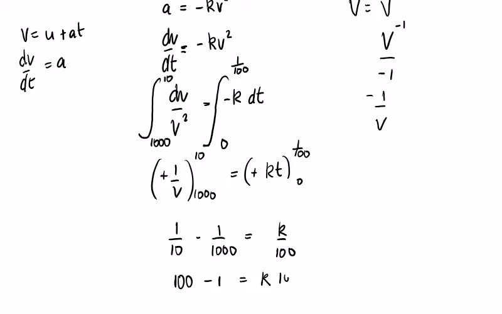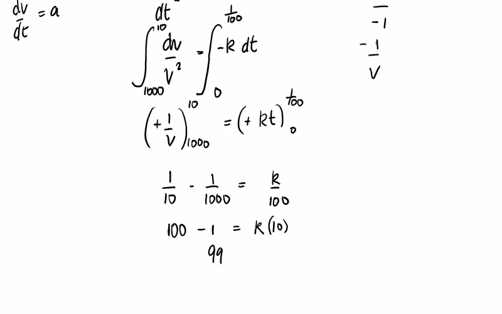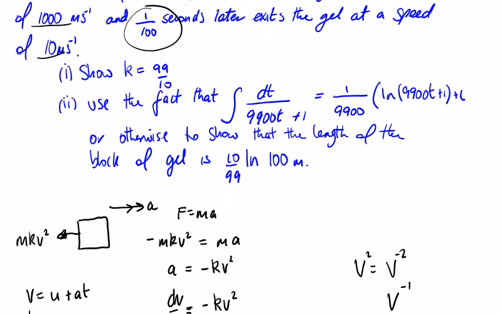So 99 is equal to 10k, so k is 99/10. Is that what we were asked to show? K is 99/10.